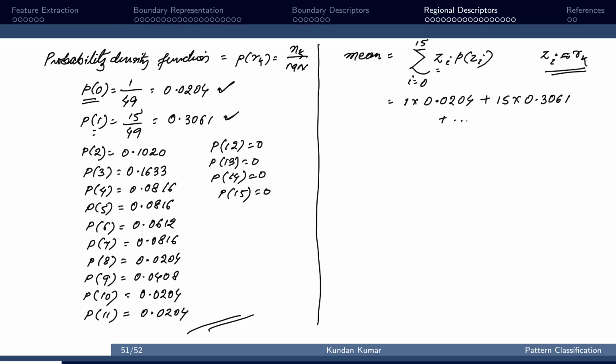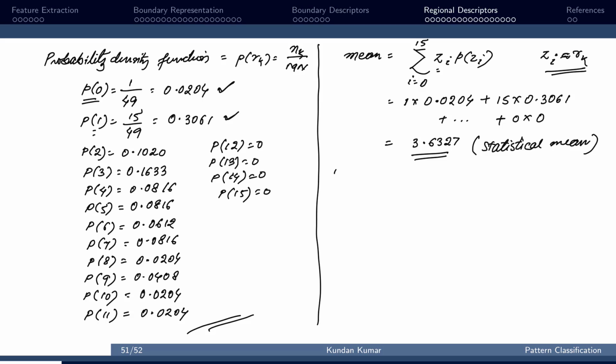In this way we will compute all, and then we will obtain 3.6327. So this is basically the statistical mean.